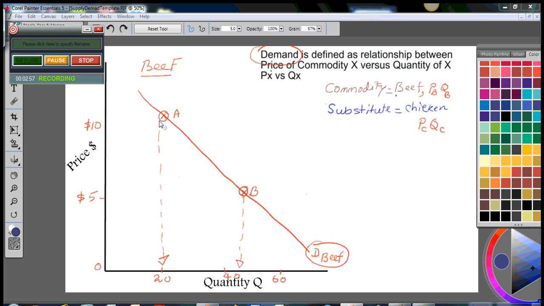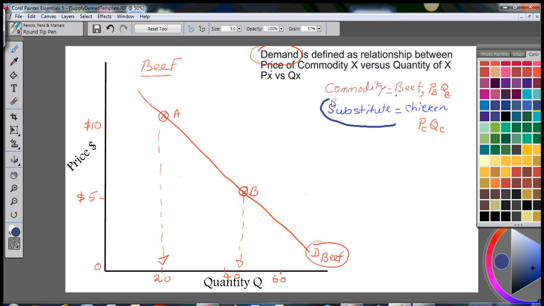Now let us talk about when this relationship between price and quantity of beef would change. Well, if we consider a substitute called chicken, and the price of chicken starts going up, chicken itself has its own relationship between its quantity and price of chicken.